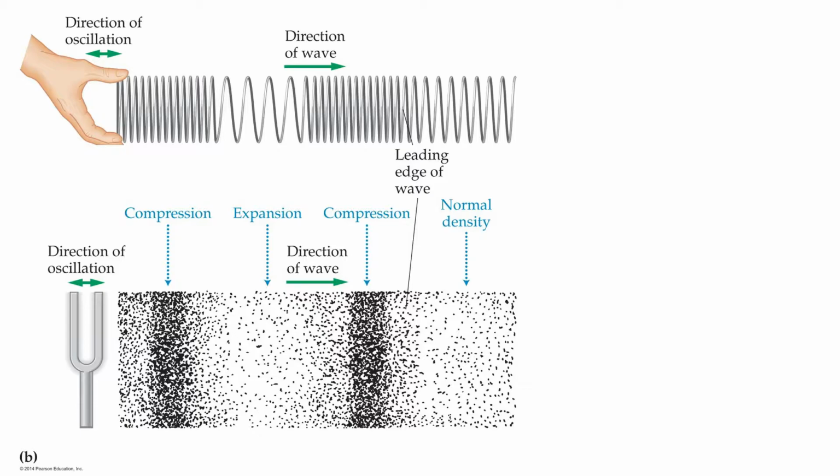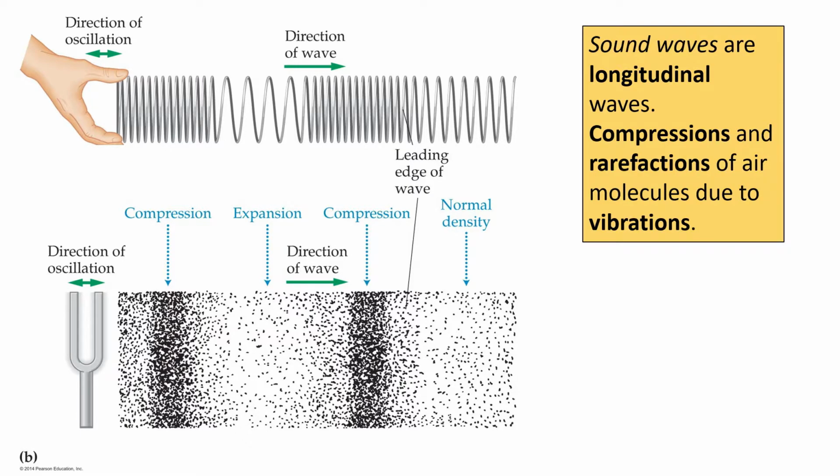There are regions of high pressure and regions of low pressure that are created by the back and forth movement of the tines of the tuning fork. And another important thing about this is that the slinky is confined to the one dimension of the slinky, but when I create sound waves, this happens in 3 dimensions. They go out in every direction.